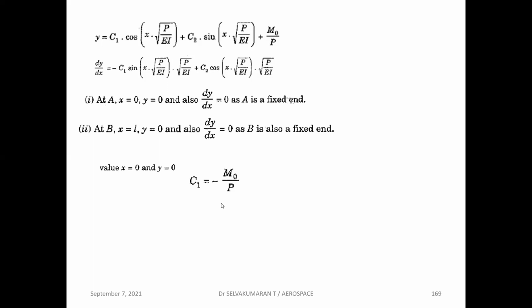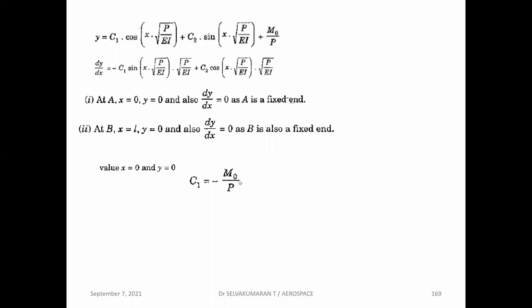Now let us substitute this in the above two expressions. At B, X is equal to L, Y is 0, and dy by dx is also 0, because B is also a fixed end. If you substitute in the first equation, C2 sine of 0 is 0, cos 0 is 1 and Y is 0.